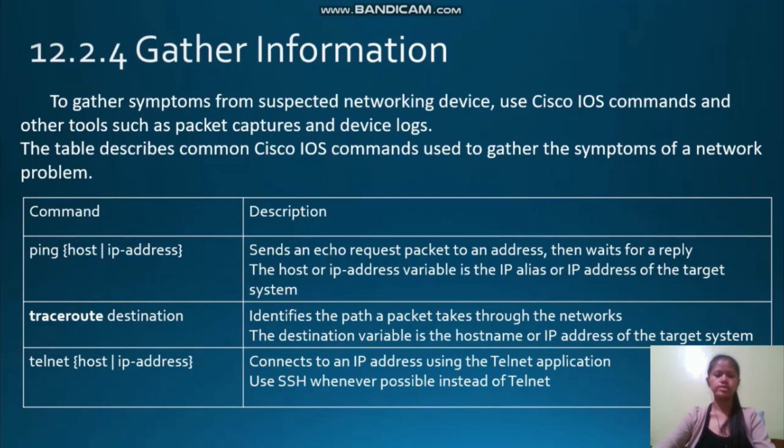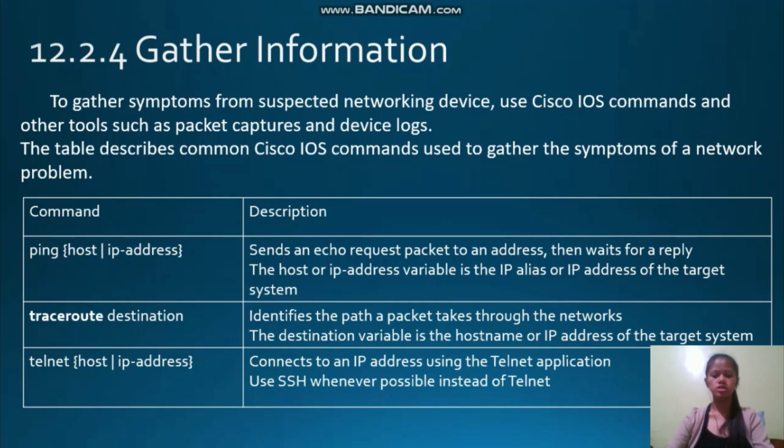Ping {host | ip-address} sends an echo request packet to an address, then waits for a reply. The host or IP address variable is the IP alias or IP address of the target system.